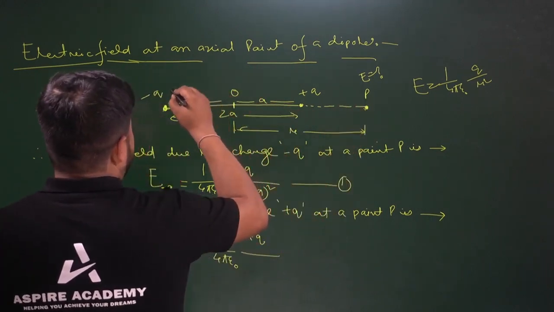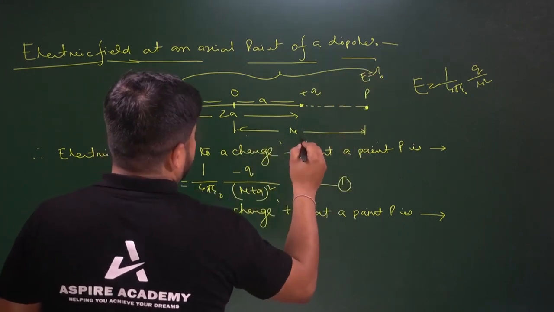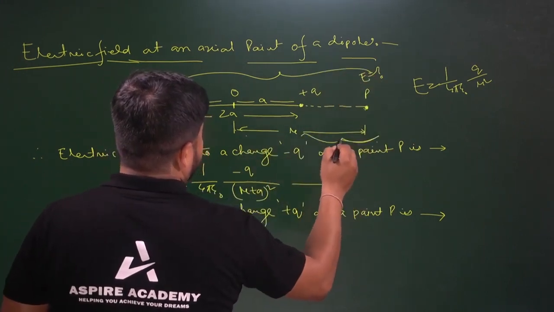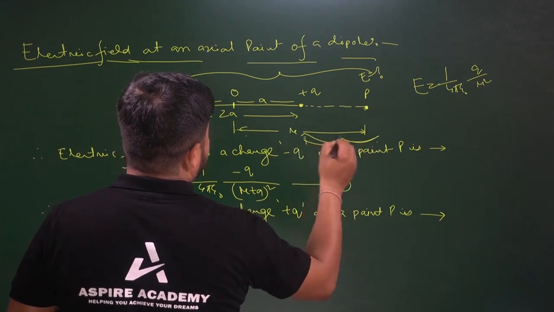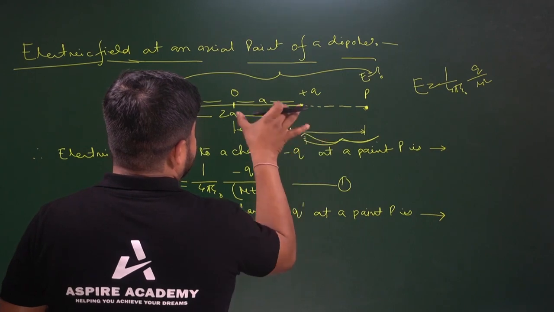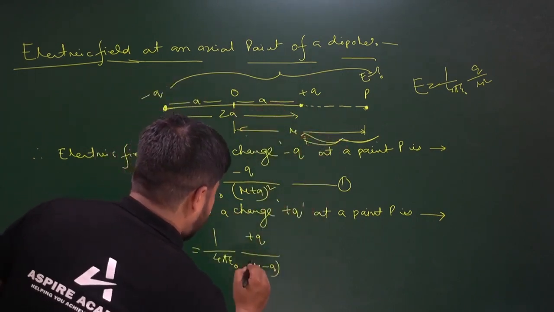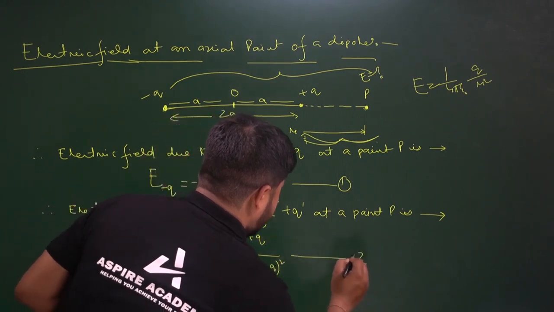This is r minus a, so r minus a whole square. This is equation number 2.